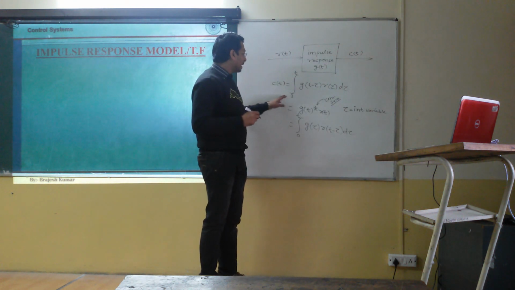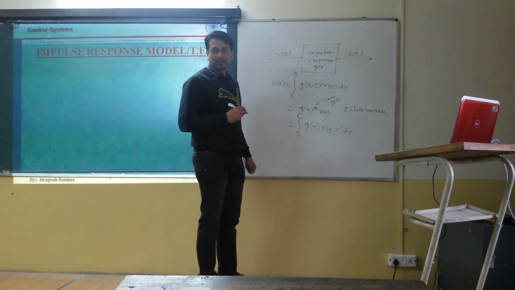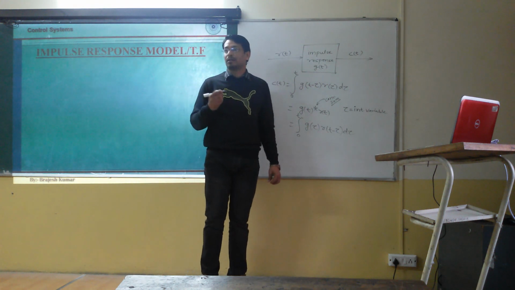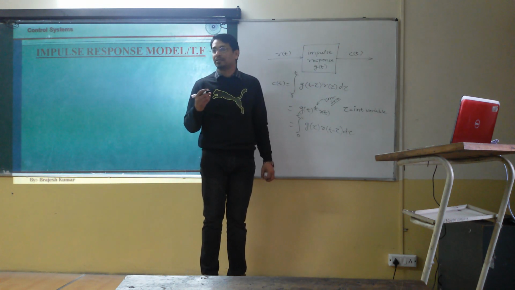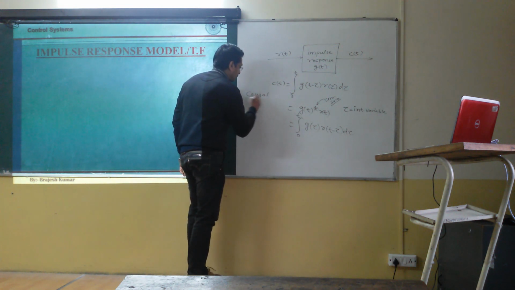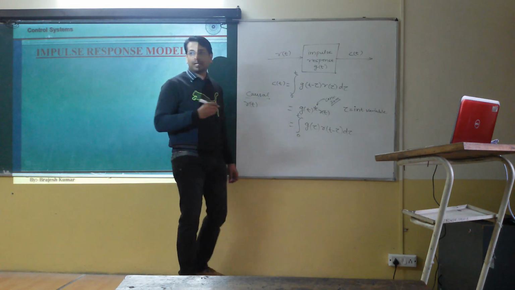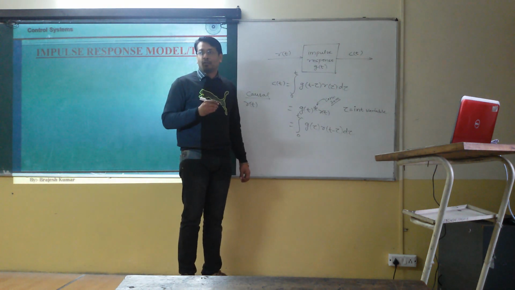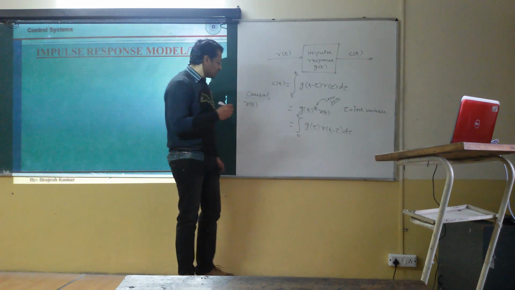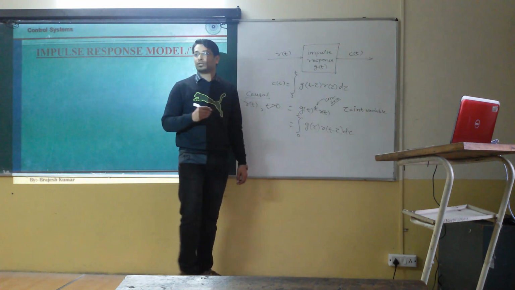Correct? And now you are going to define your input r(t) as a causal signal. By saying r(t) is a causal signal, I mean to say the value of r(t) for t less than 0 will be 0, meaning it is only defined for t greater than or equal to 0.